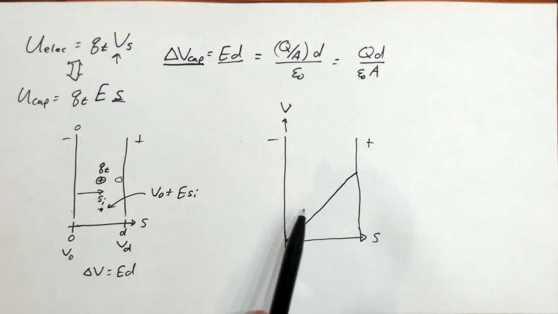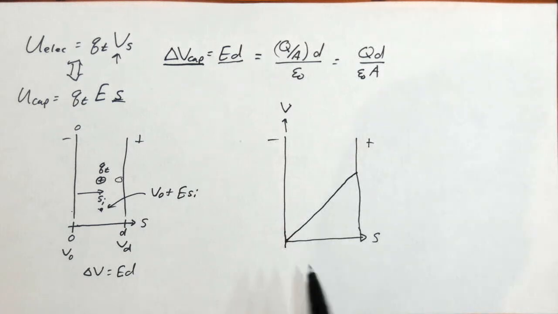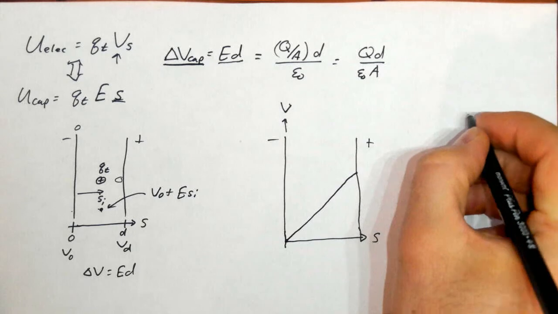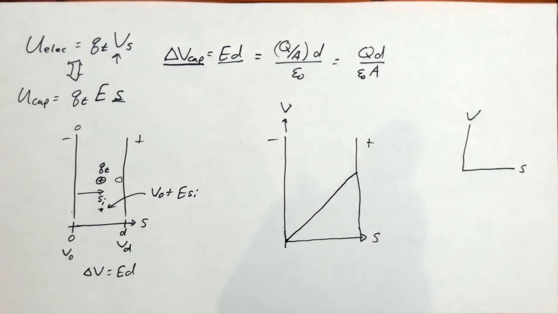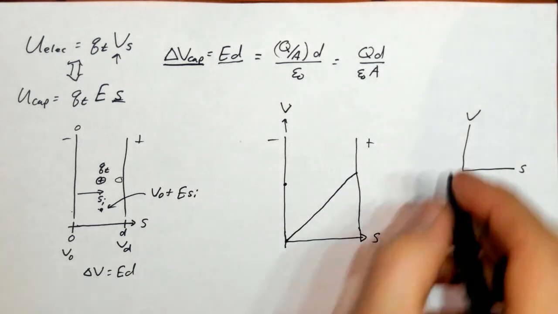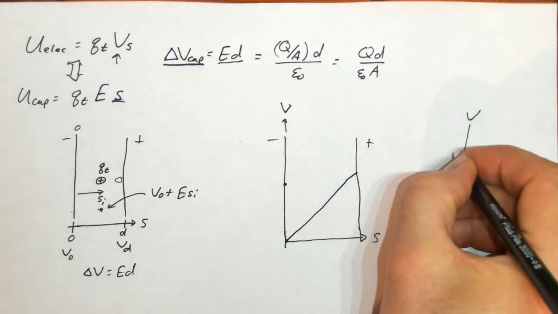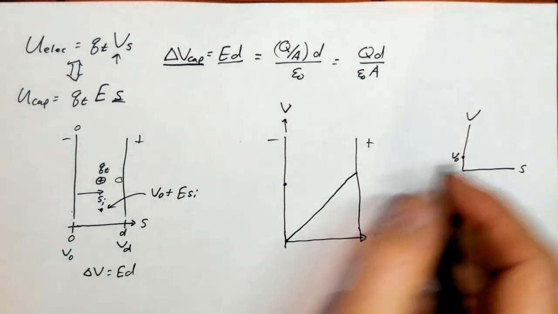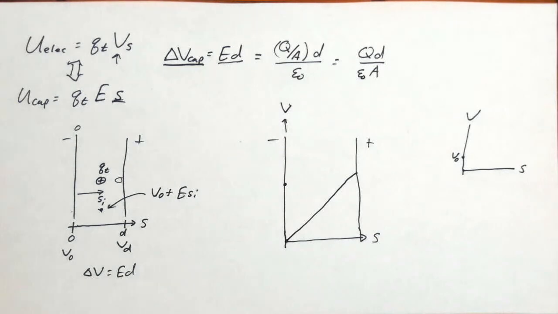Now, this is a little foggy, so I'm going to try and draw it one more time. I'm going to have a separate graph of S and V. I'm starting right here. What am I at? I'm going to be more general now and say I'm at some V0, whatever that is. Could be positive, could be negative. I'll choose it to be a positive value right there. That's what I'm at when I'm at S equals 0.